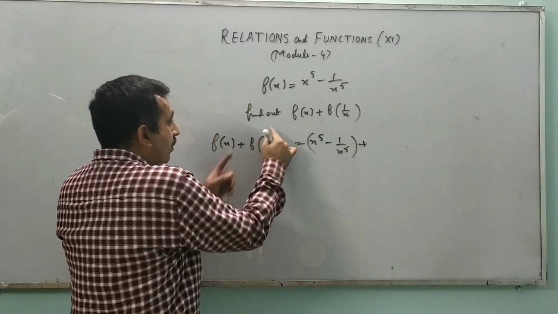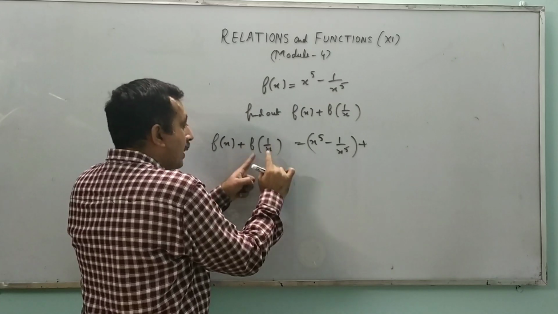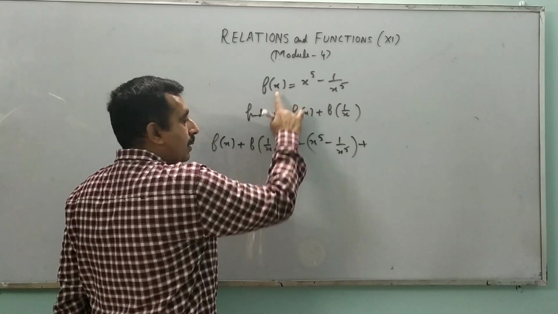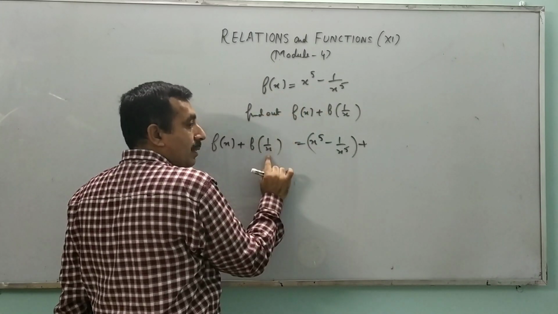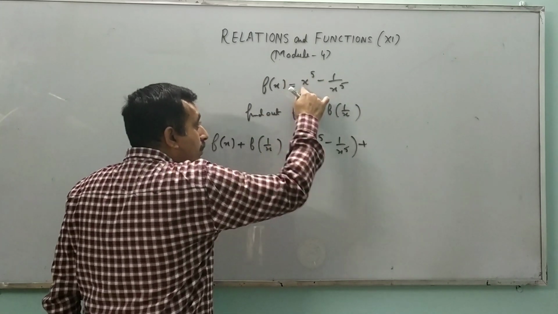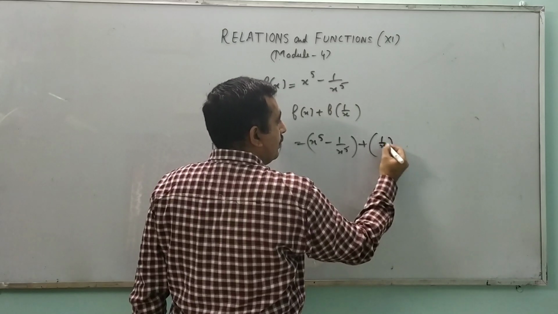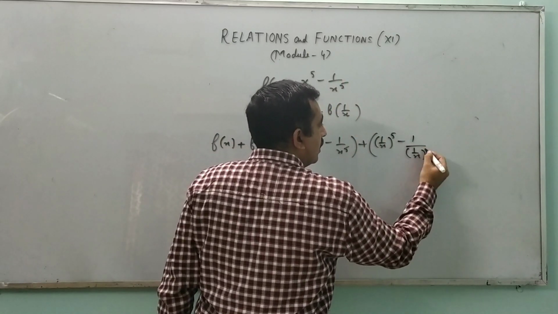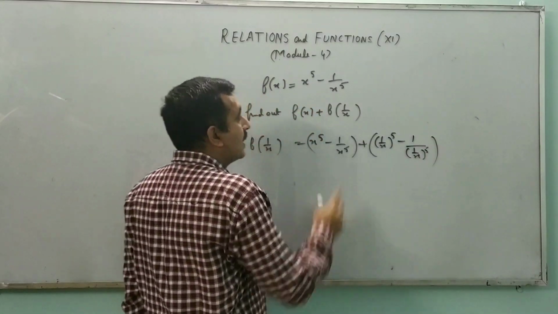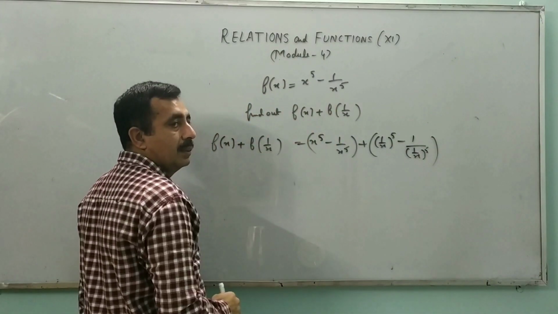Now I need f of 1 by x. So wherever there is x, write down 1 by x. Instead of x, write down 1 by x.